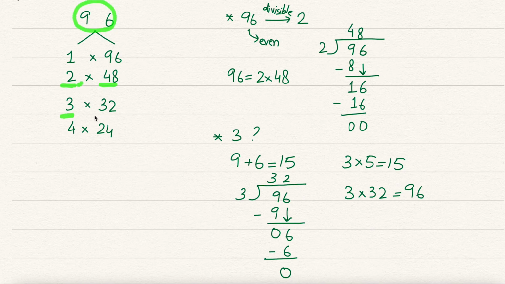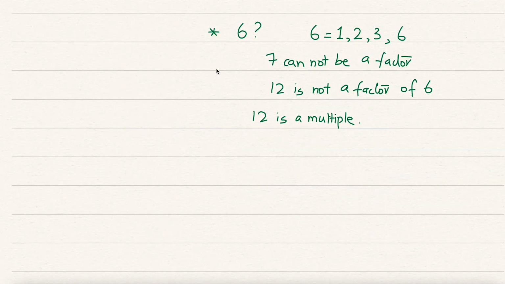And 3 times 32 is also 96. That means 96 is divisible by 3. Since 96 is divisible by 2 and it is divisible by 3, 2 and 3 are the factors of 6. That's why 96 will also be divisible by 6.